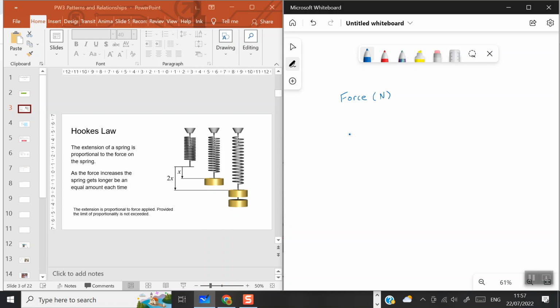So what can happen if we apply a force to a spring? We can get extension, and we can get compression.